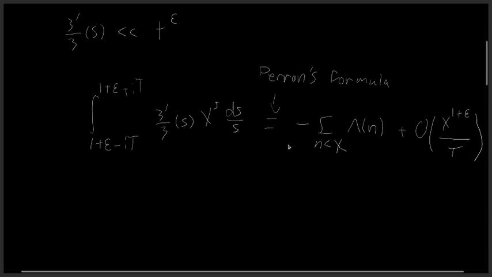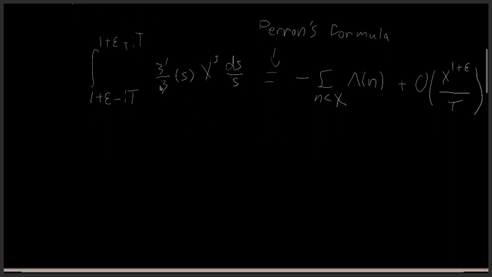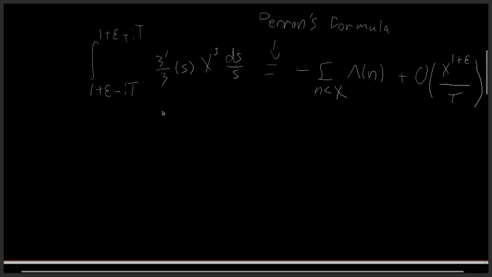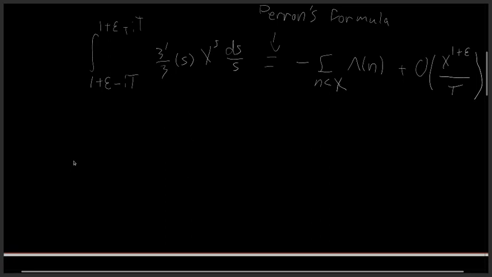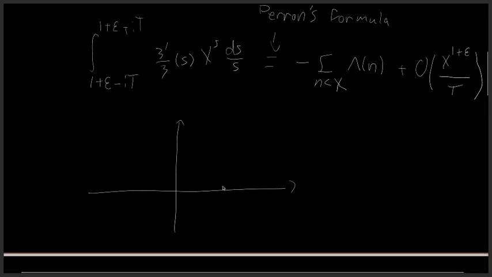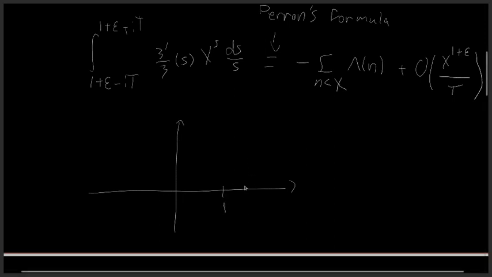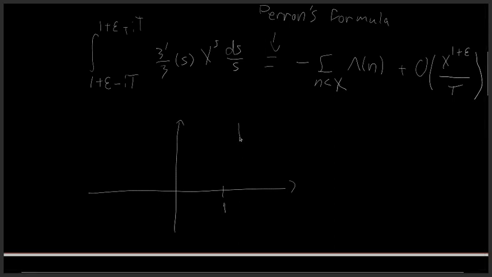Now we're going to do some complex analysis to evaluate this as the integral of some complex function. Just as before, let's look at this integral. Here we have our complex plane, and here we have our real part 1. So we've got our 1 plus epsilon, and we're going to extend this as a rectangle that goes very far into negative real parts.